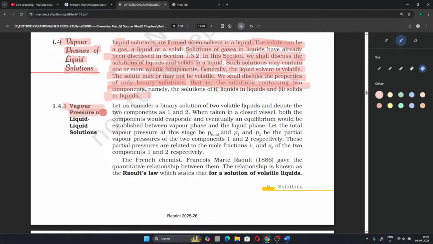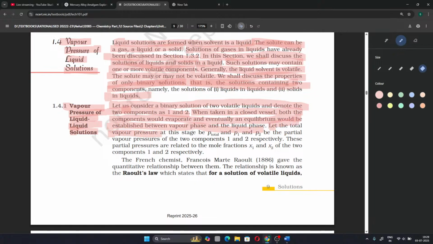Vapor pressure of liquid solution. Let us consider a binary solution of two volatile liquids and denote the two components as 1 and 2. When taken in a closed vessel, both the components would evaporate and eventually an equilibrium would be established between the vapor phase and the liquid phase.